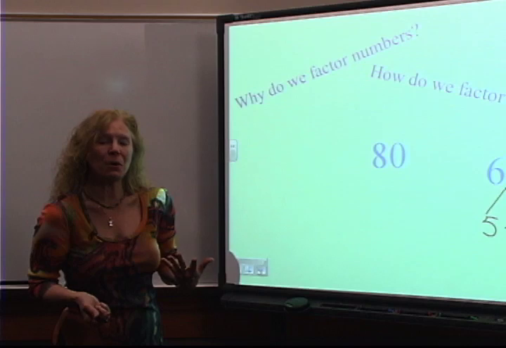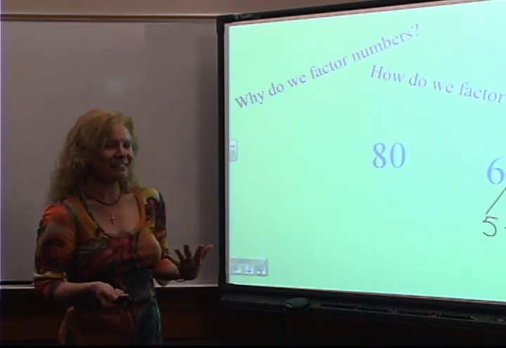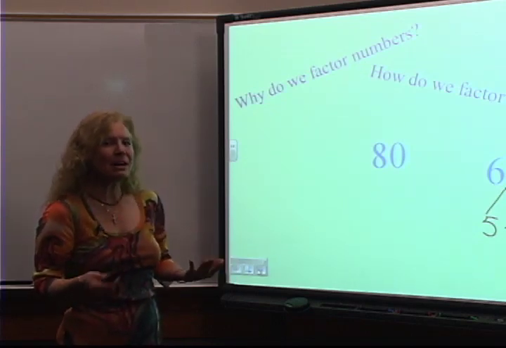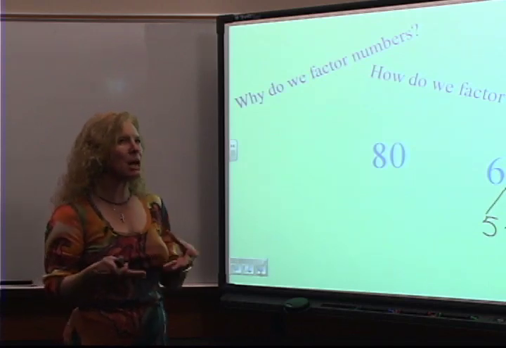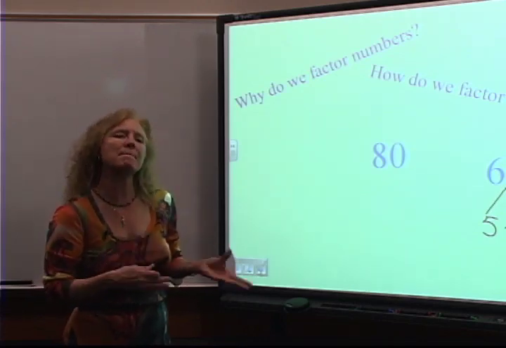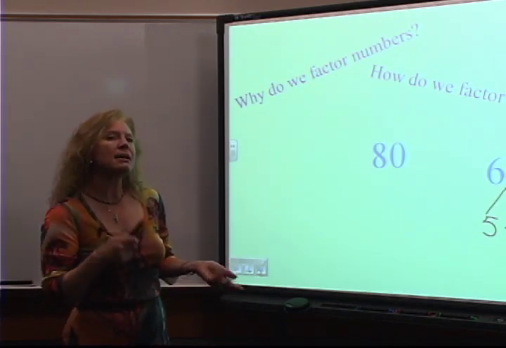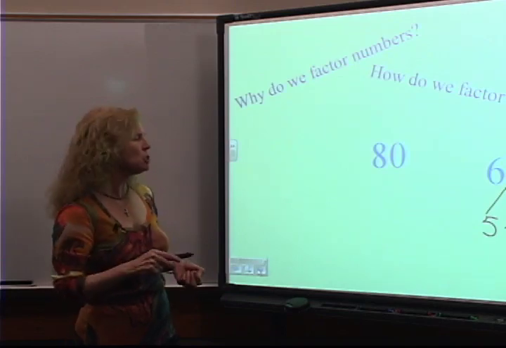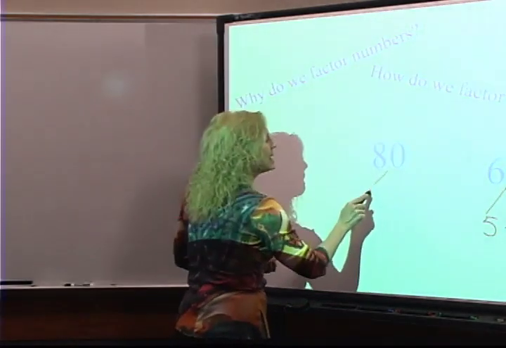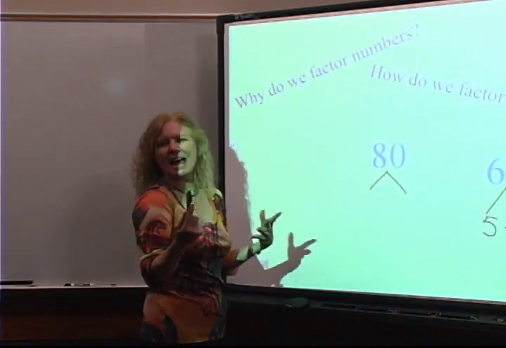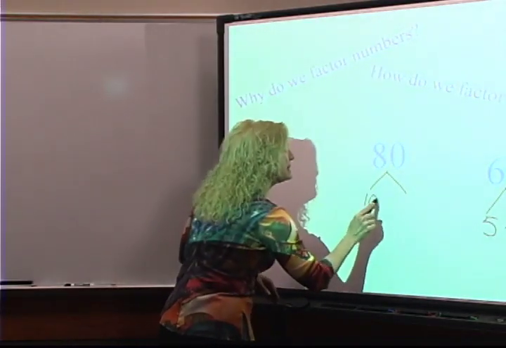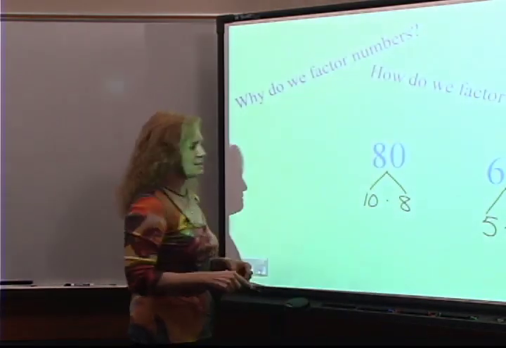I know a 10 will go into it. Why? Because it ends in a 0. By the way, what I'm trying to do is help you go back and remember those clues that you used to be paying attention to. So I could say, well, I'm going to use the 10. I just like that. And I'm going to say this is 10 times 8.